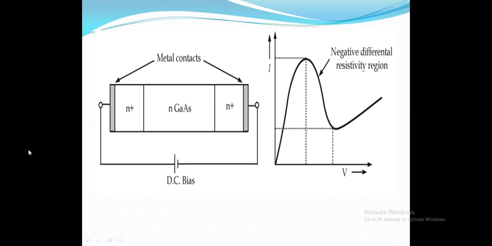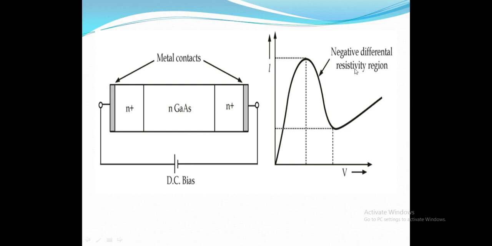After the threshold voltage, even though the voltage increases, the current decreases. That is called negative resistance, which is why we call it the negative differential resistivity region.